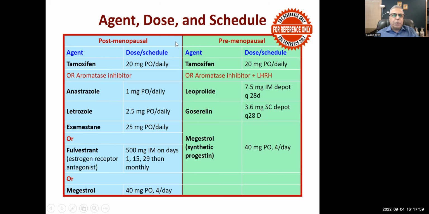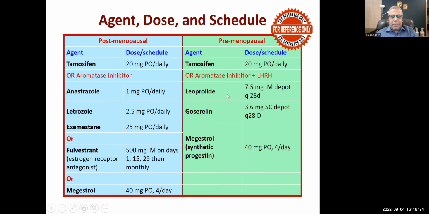So in postmenopausal women and premenopausal women, more or less, we have the same treatment. These are the estrogen receptor antagonist tamoxifen, then aromatase inhibitors: anastrozole, letrozole, and exemestane. Fulvestrant is also an estrogen receptor antagonist, okay? In premenopausal women, more or less the same thing.